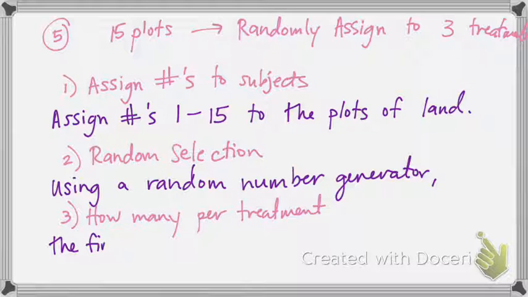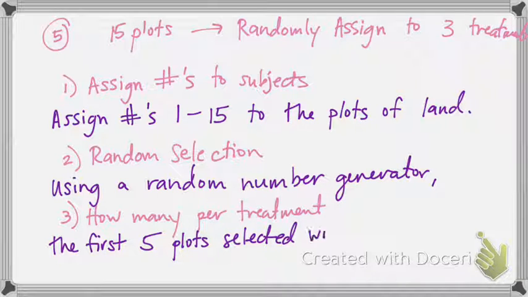So using a random number generator, comma, the first 5 plots selected will get, is it a fertilizer?